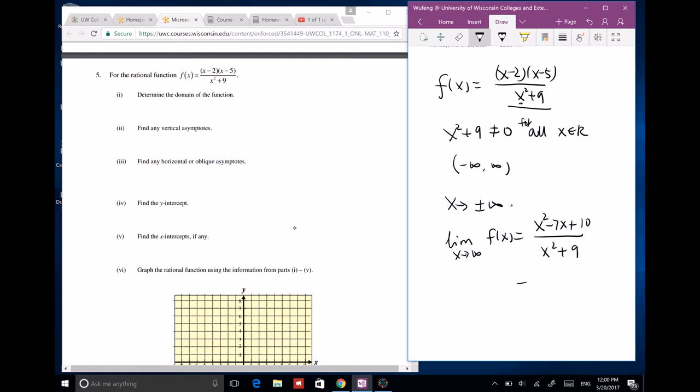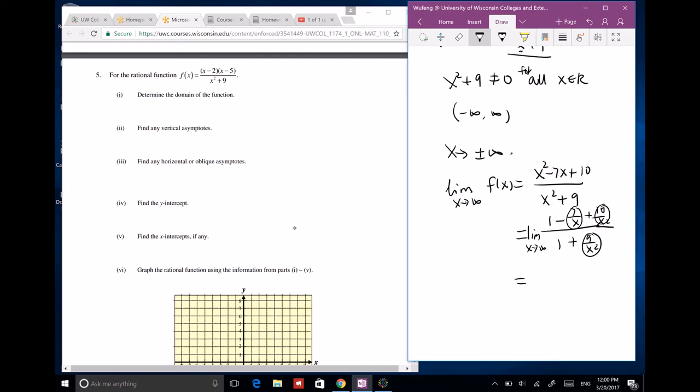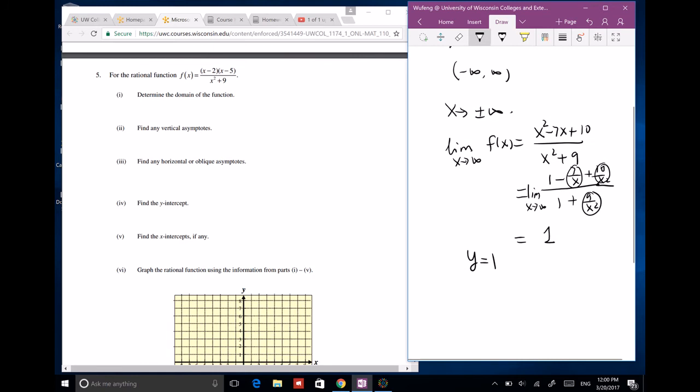As x goes to infinity, you can divide the top and the bottom by x squared: 1 minus 7 over x plus 10 over x squared, over 1 plus 9 over x squared. As x goes to infinity, these terms are 0, so the limit is 1. As x goes to negative infinity, also 1. So the horizontal asymptote is y equals 1.